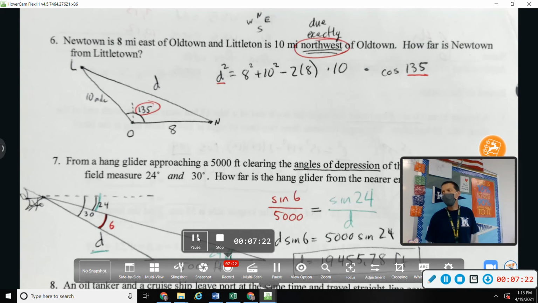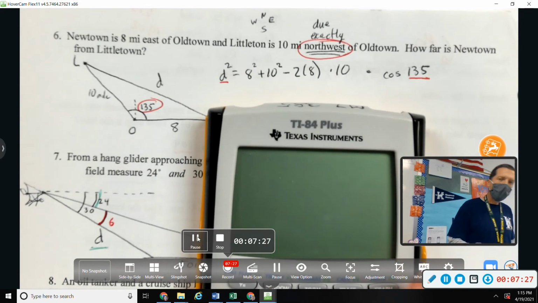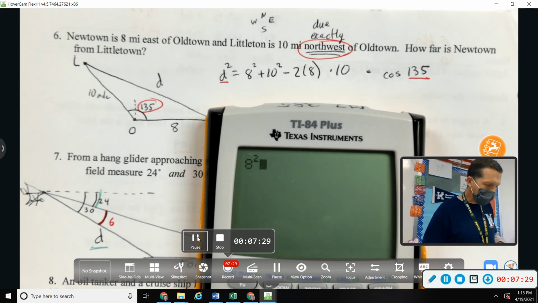It's hard to plan out how much room you need to write the equation. So algebraically, that's a pretty easy one. There's really not even any algebra in it. You're just typing it into the calculator.